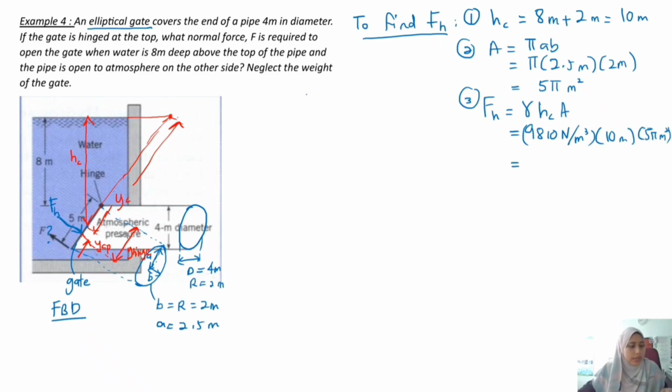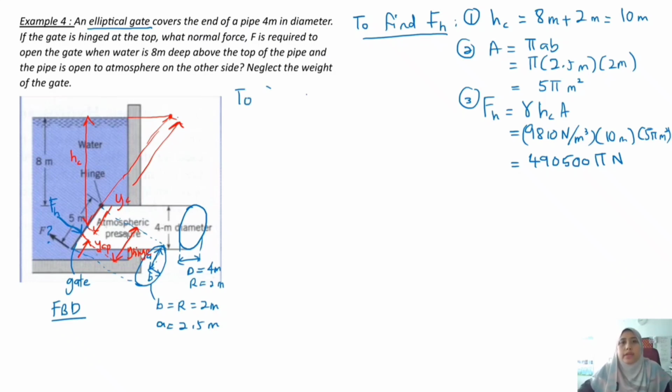So you should get 9810 times 10 times 5 pi, which is 490,500 pi Newton. So force is in Newton. Then this step is done.